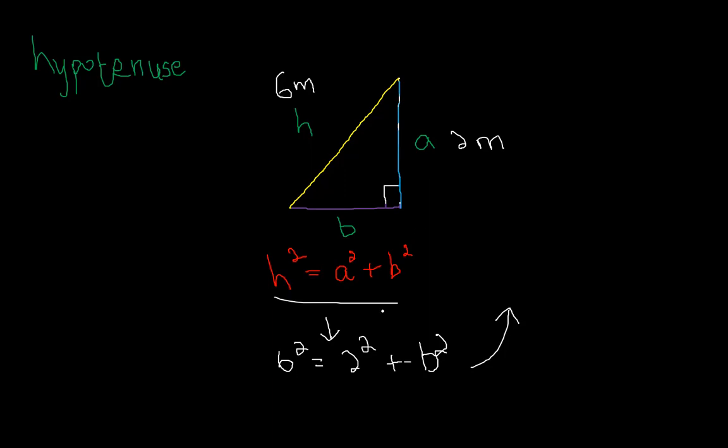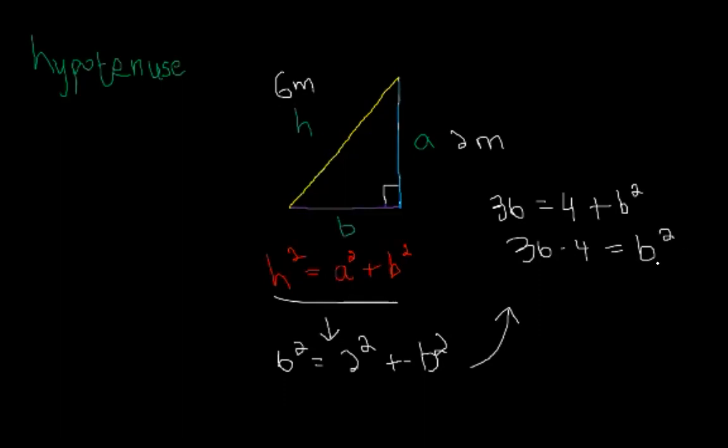Transpose means making B the subject of the formula to find out the value of B. So 6 squared is 36, is equal to 2 squared, which is 4, plus B squared. I can minus 4 on both sides. So 36 minus 4 is equal to B squared.